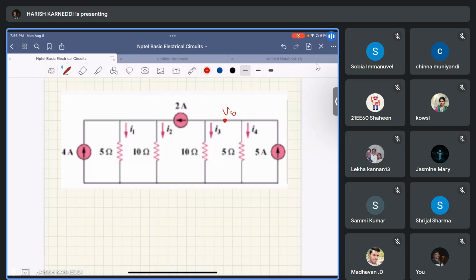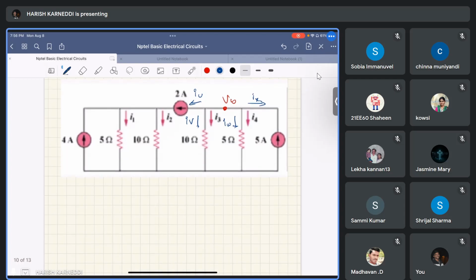In this case, we consider the directions of currents as IU, IV, IW, IX. Just to avoid confusion, I consider like this.